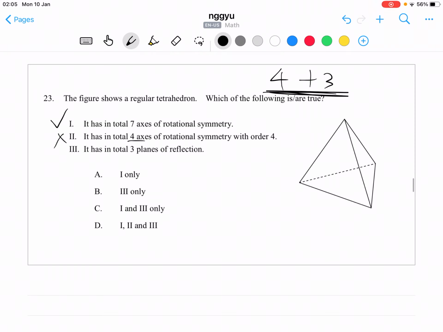How about 3? There are in total 3 planes of reflection. So the first kind of planes of reflection, we can cut the tetrahedron like this, and we can cut it like this, and last but not least, like this.